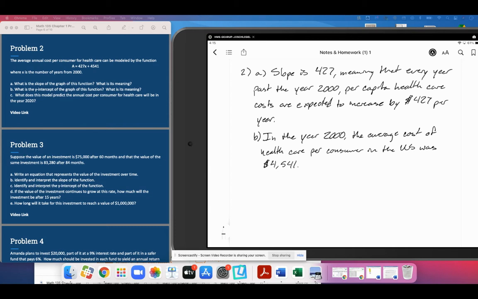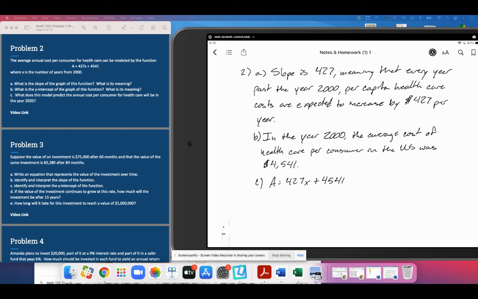So what does this model predict the annual cost per consumer for healthcare will be in the year 2020? And so for part C, we're going to use that formula that we were given, which is A is equal to 427x plus 4541.